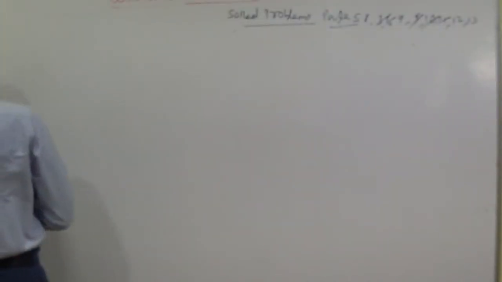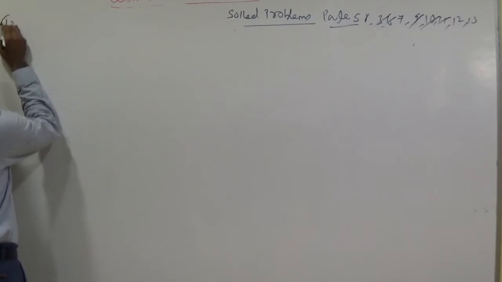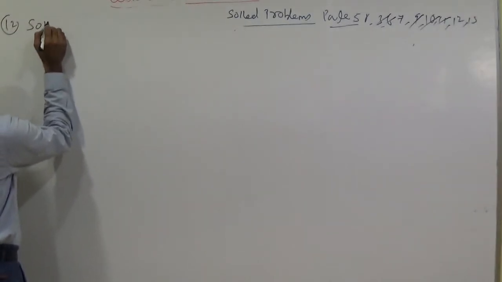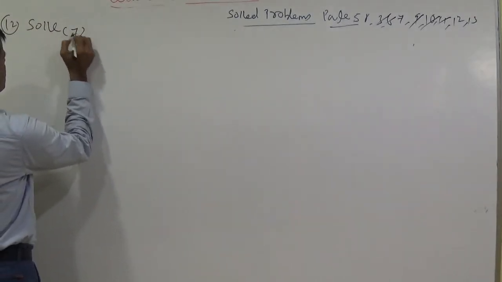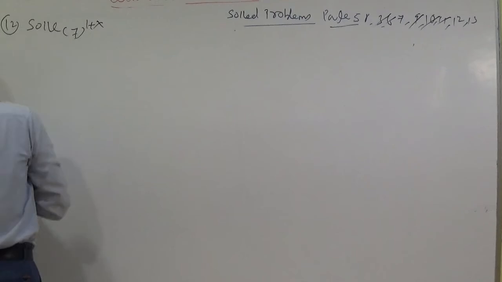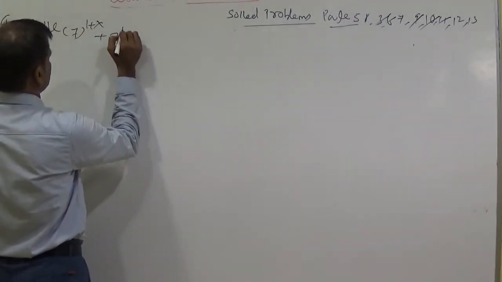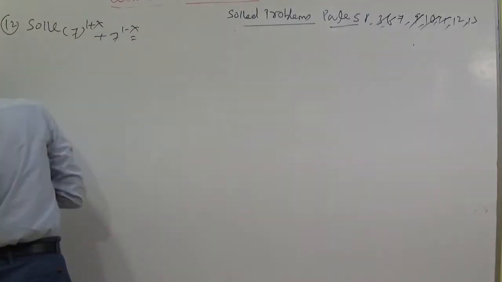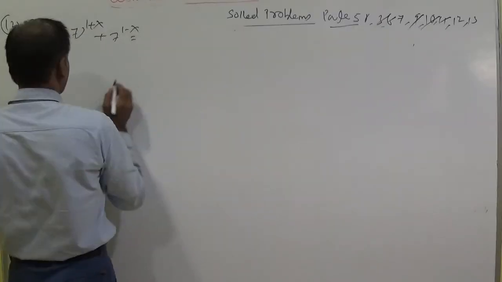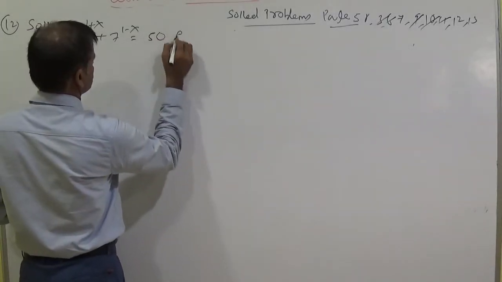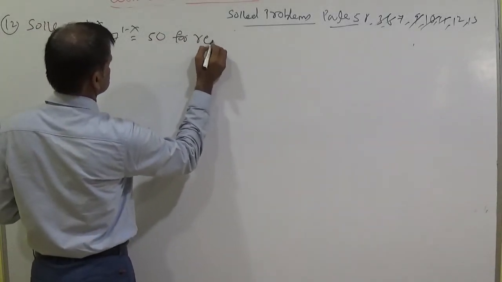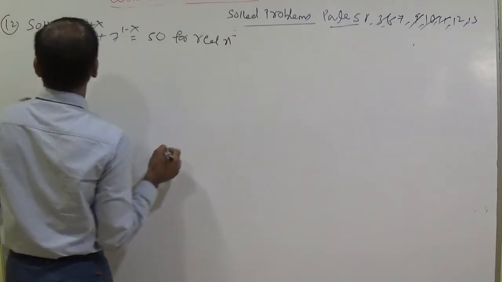Solve 7 power 1 plus x plus 7 power 1 minus x is equal to 50 for real x. Here, solve means we should get the value of x.